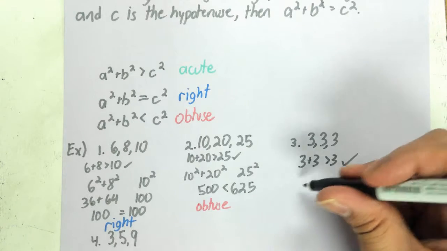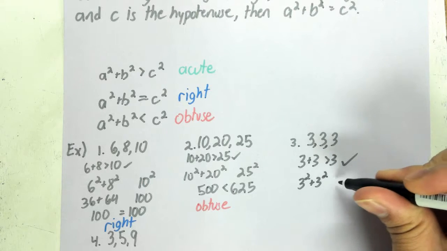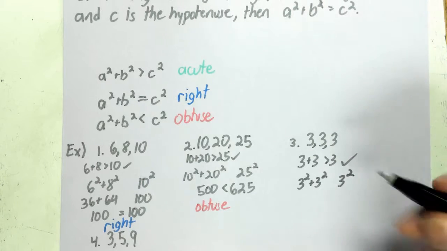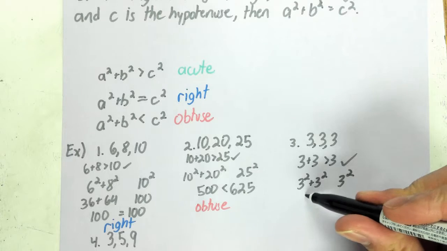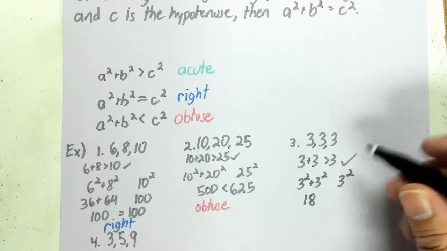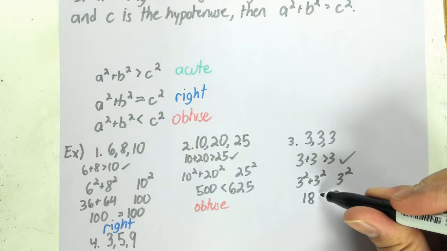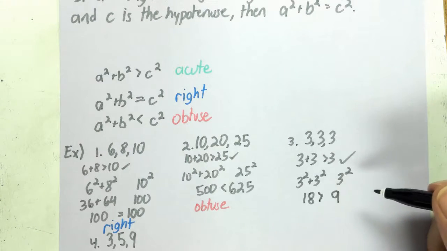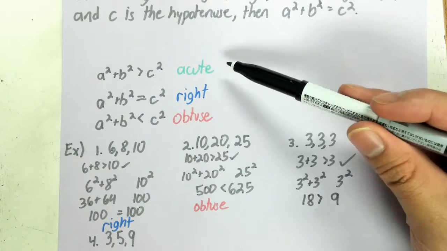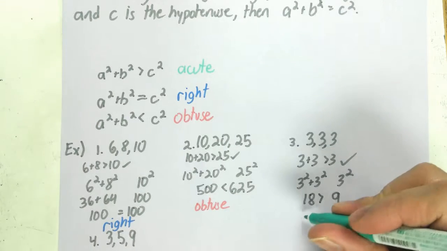So let's go ahead and set up my equation, 3 squared plus 3 squared, and compare that with 3 squared. So 18 and 9, comparing, 18 is greater than 9. So according to my equations up here, that makes it acute.